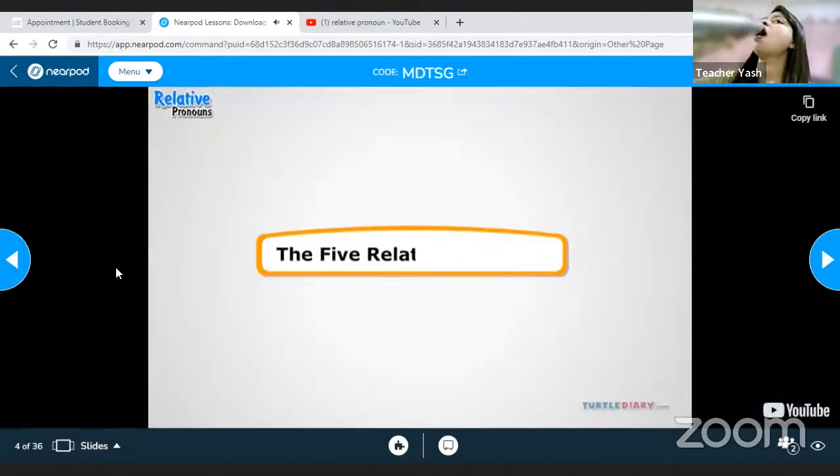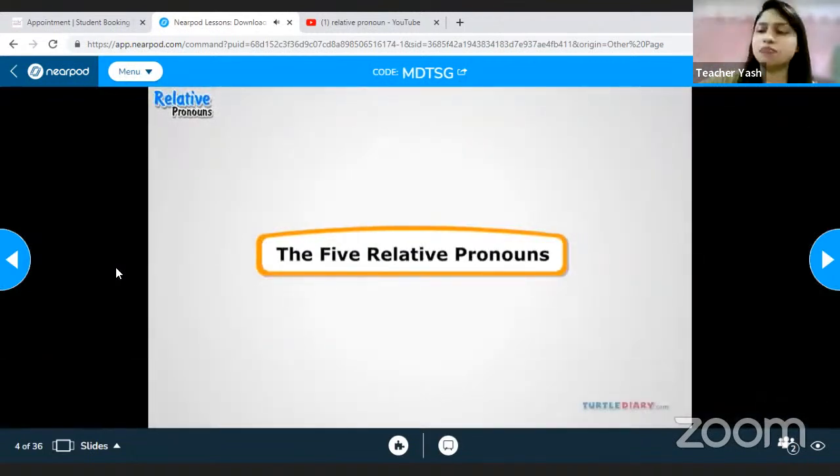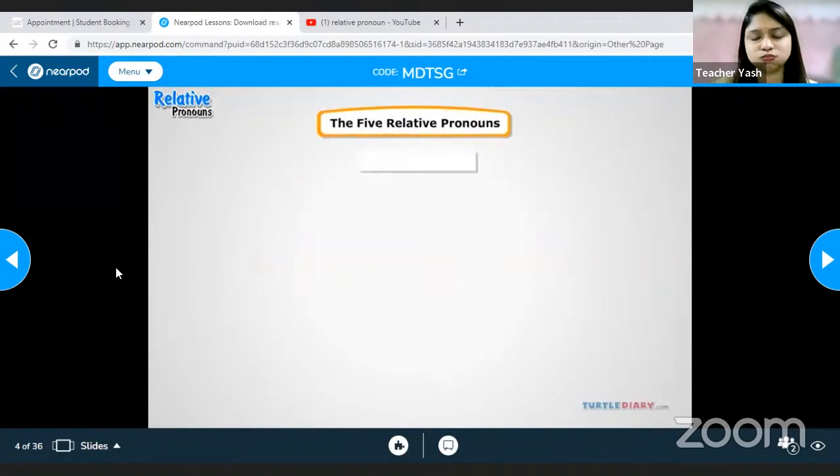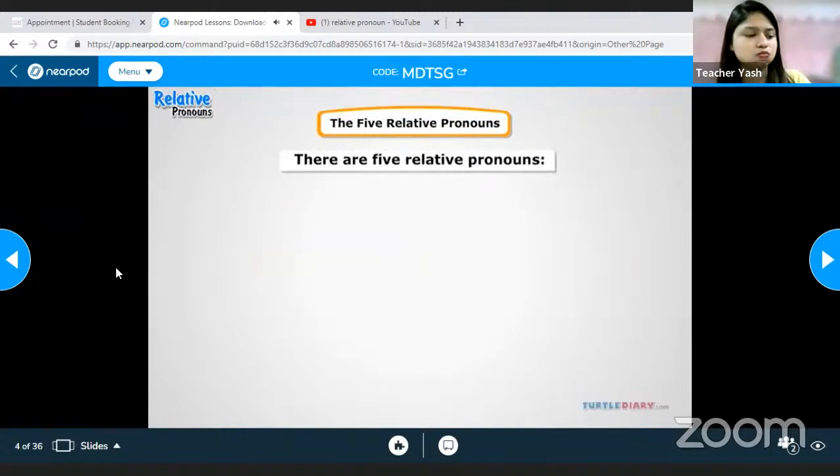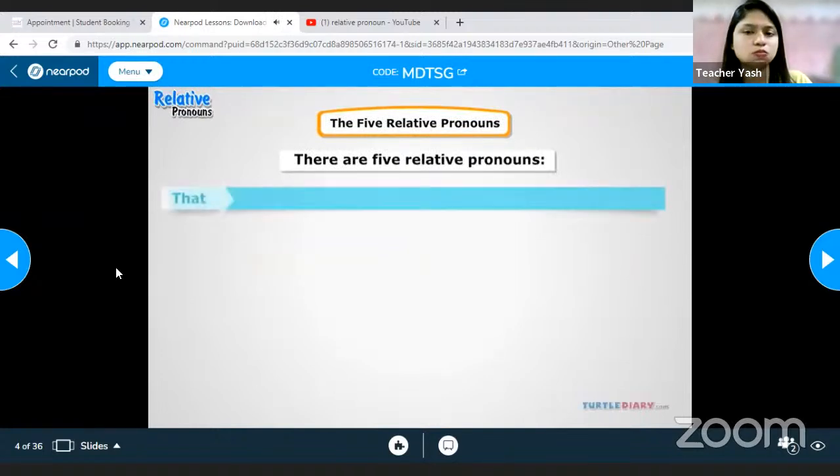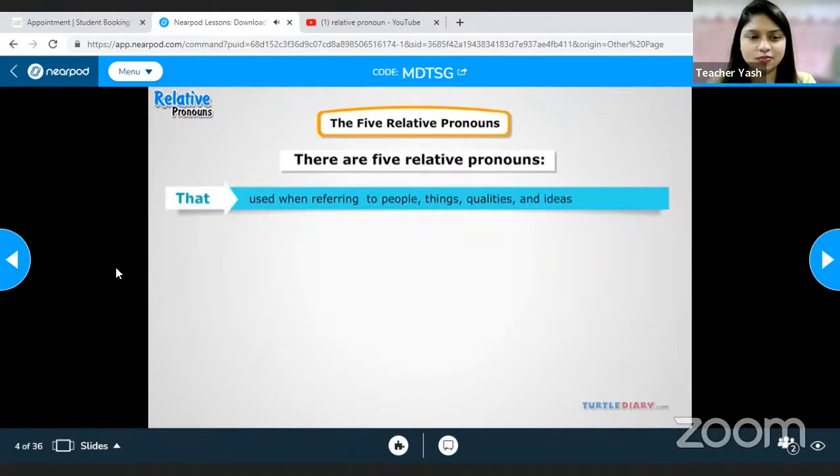The 5 relative pronouns. There are 5 relative pronouns. 1. That is used when referring to people, things, qualities, and ideas. 2.